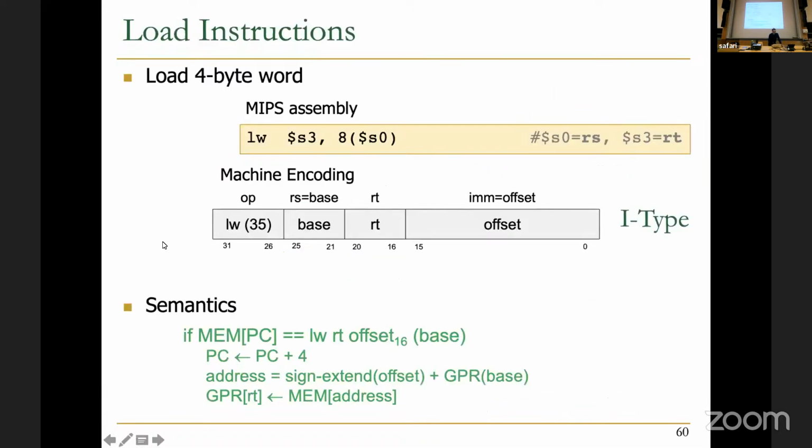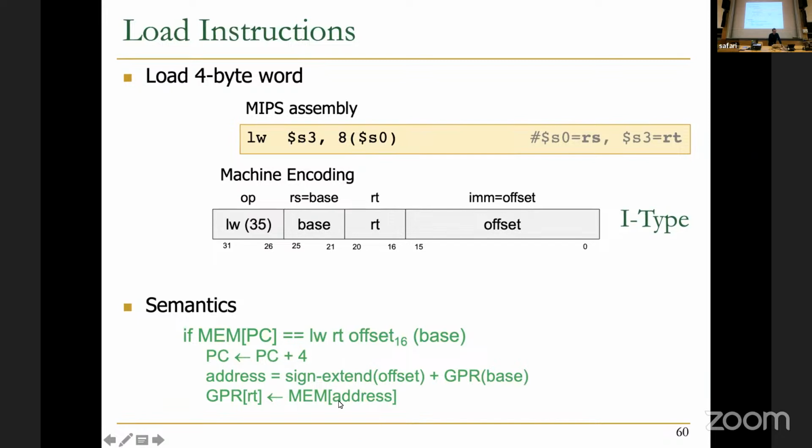So basically, load word is very similar in terms of what it does, except it uses the sign extended offset plus the base register's value to compute an address. It's going to do the same thing the I-type add is doing, adding the general purpose base register plus the sign extended offset.